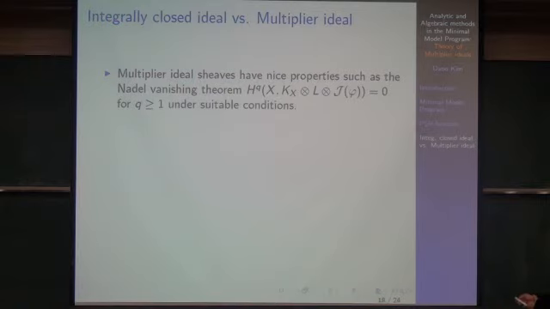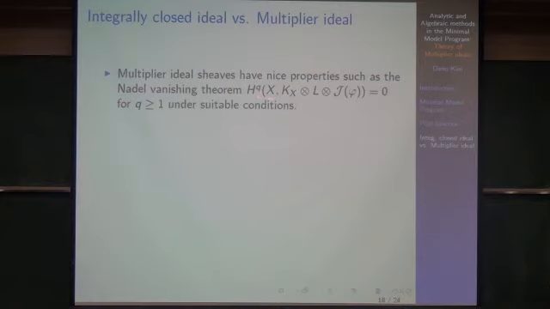The multiplier ideals or multiplier ideal sheaves, they have many nice properties. So before we talked about why it is useful in algebraic geometry, but another way to talk about its usefulness is that it comes with this kind of vanishing theorem. So when you have the canonical line bundle and the line bundle L tensor this multiplier ideal sheaf J of phi, and you have suitable conditions, then the sheaf cohomology is 0 for q at least 1.